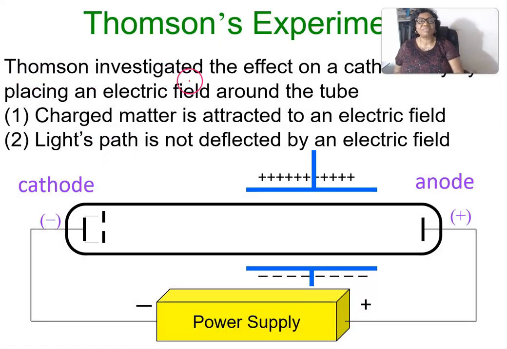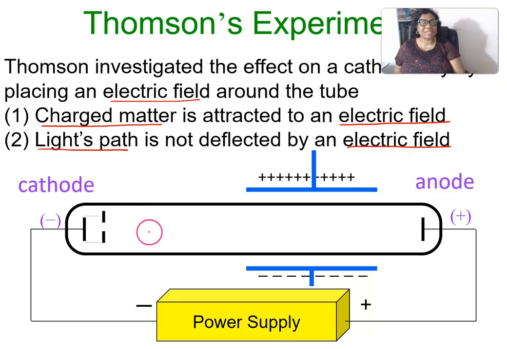Thomson investigated the effect on a cathode ray by placing an electric field around the tube. Take note: charged matter is attracted to an electric field, but light, our normal day-to-day light, is not deflected by an electric field.